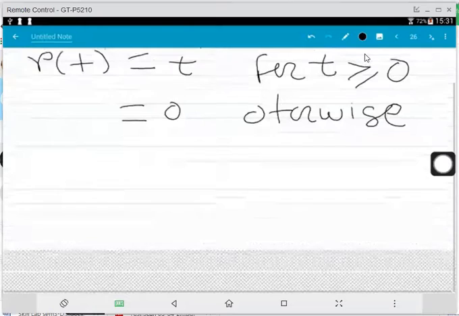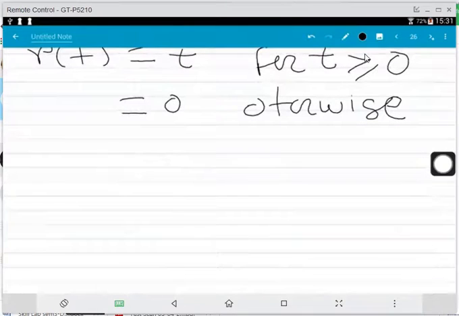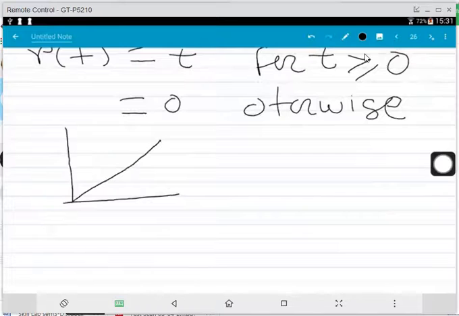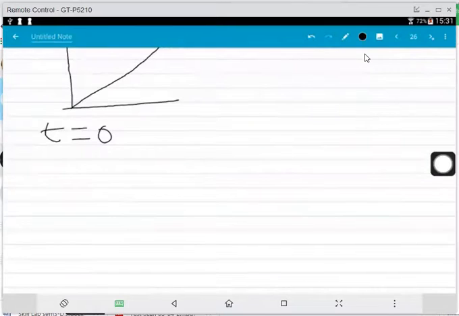So we will represent this signal at t is equal to 0. Now we have to find out the Laplace transform of this ramp signal.